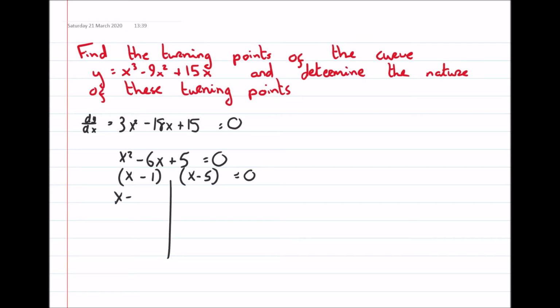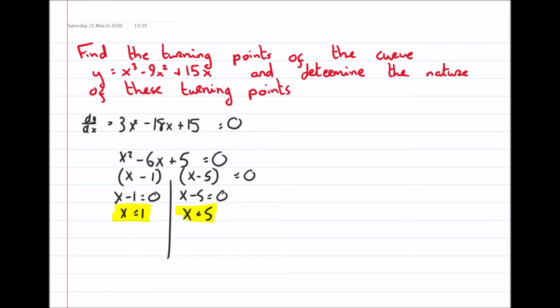Let both equal 0. Therefore x equals 1 and x equals 5. So I know now I have two turning points at x equals 1 and at x equals 5.